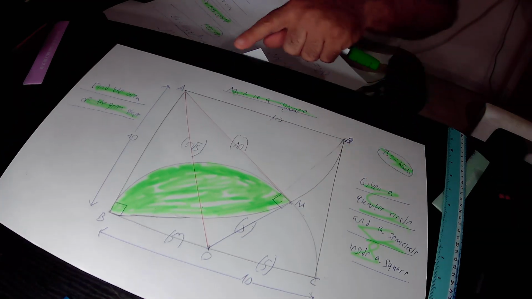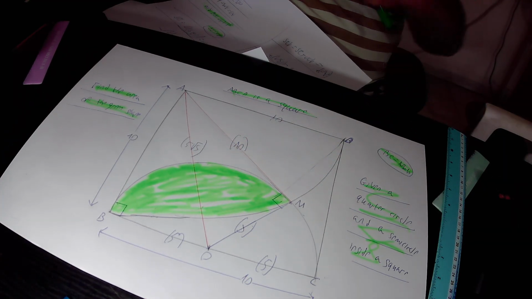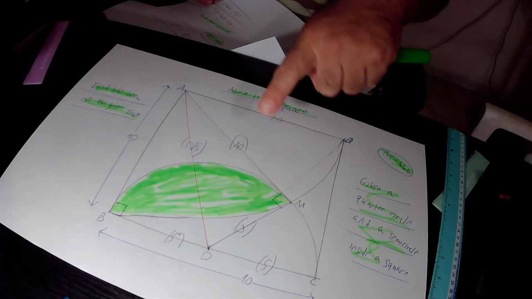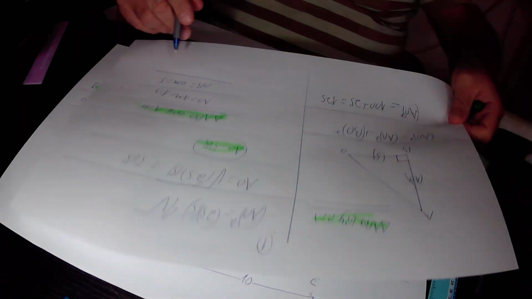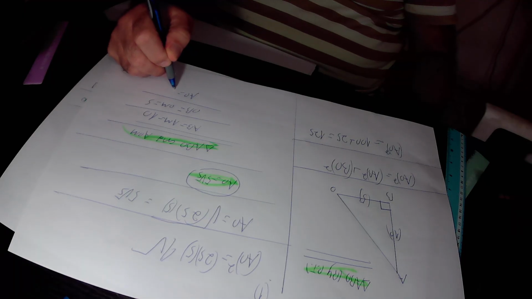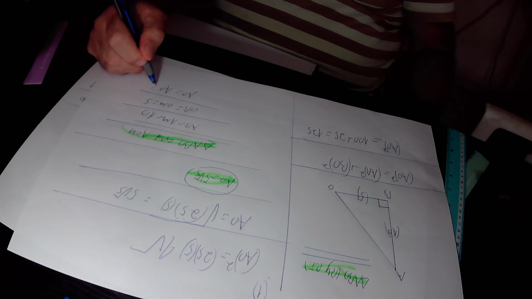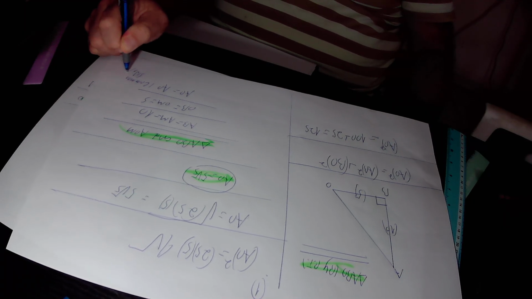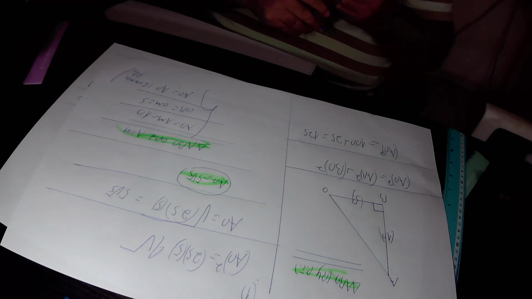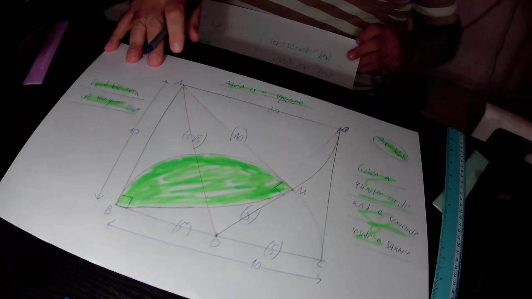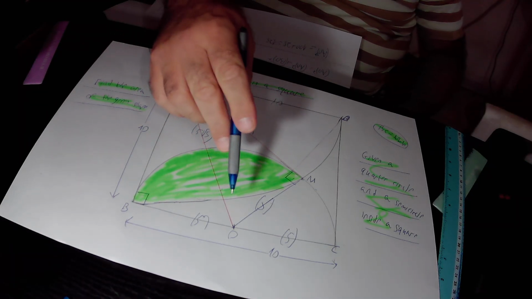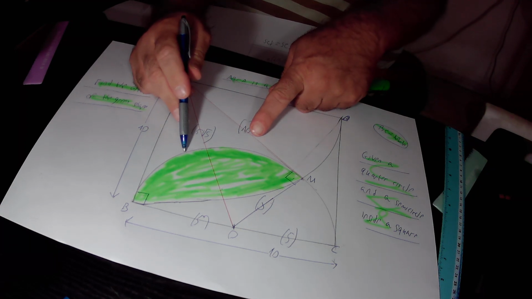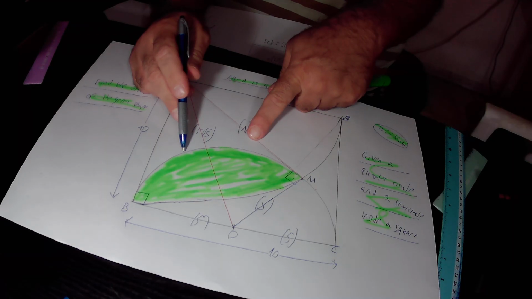And finally, AO is a common side that belongs to both triangles, so we can write down that AO equals itself, a common side that belongs to both triangles. So we have proved that all three sides of the right triangle ABO are correspondingly equal to all three sides of the right triangle AOM, and therefore those two right triangles can go into each other according to the side rule.